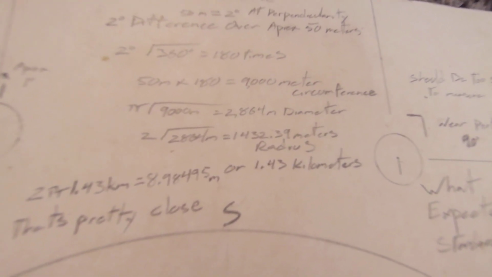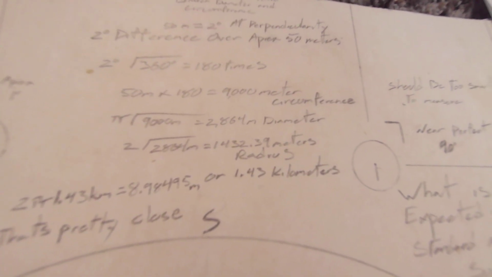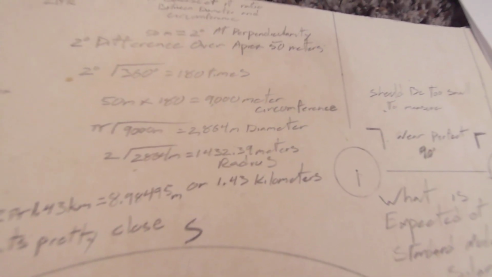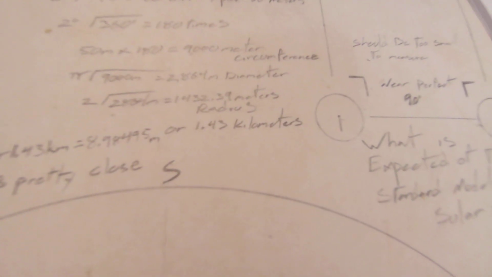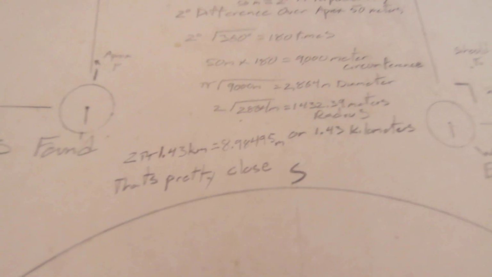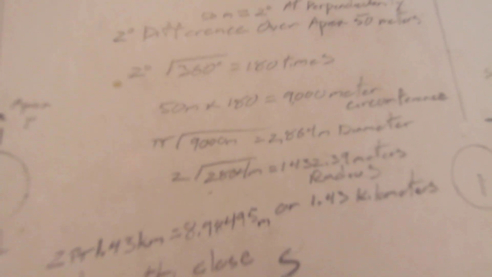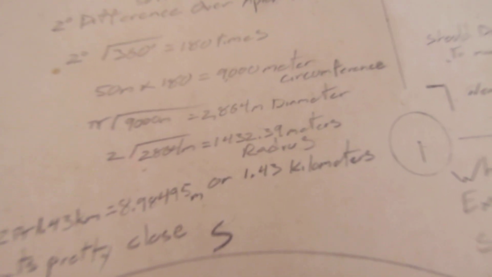Then you take that diameter and divide it by 2, which will give you the radius, which is 1,432.39 meters, or 1.43 kilometers. So we'll check it. We'll use 2 pi r. There's our circle that we found, 9,000 meters. And here's the radius.